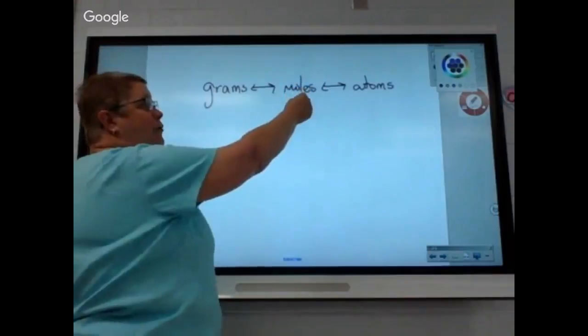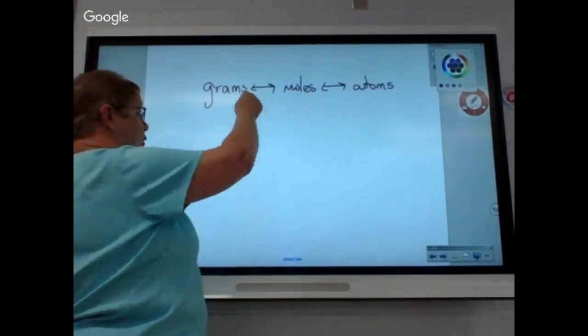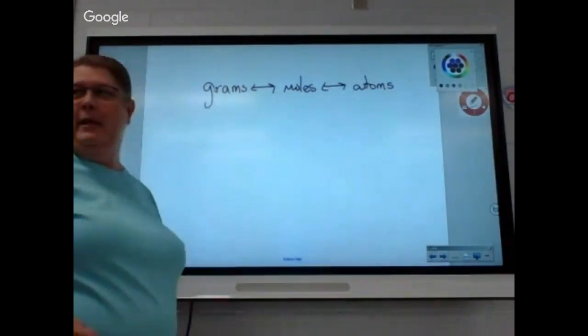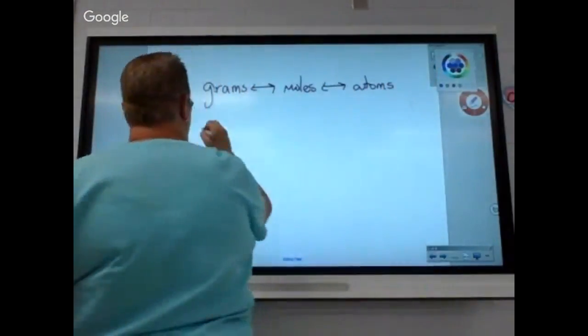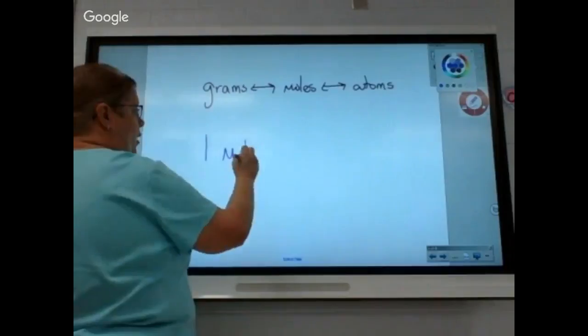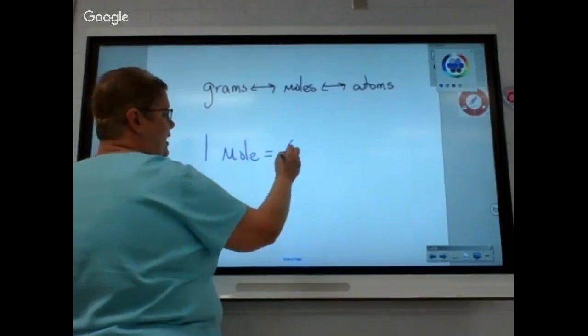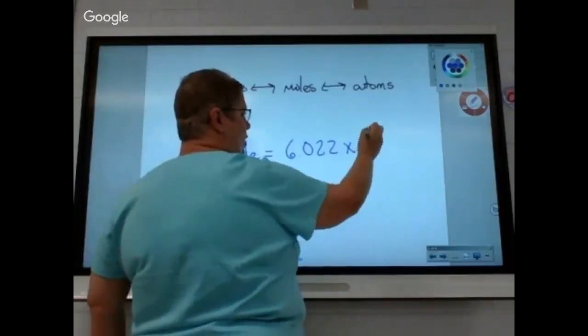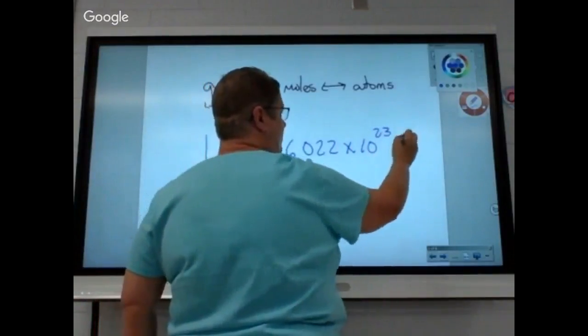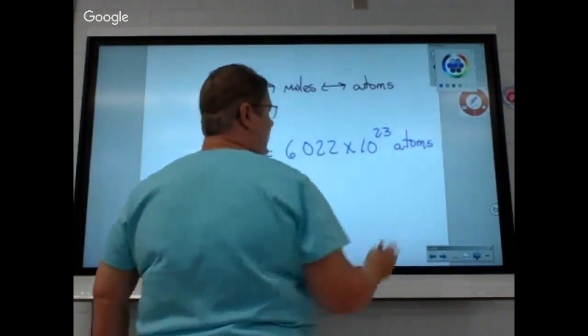So if you're in moles, what can you do? Go either direction. Okay? Now, what two conversion factors did we just talk about? All right. One mole can equal 6.022 times 10 to the 23rd atoms. Okay?